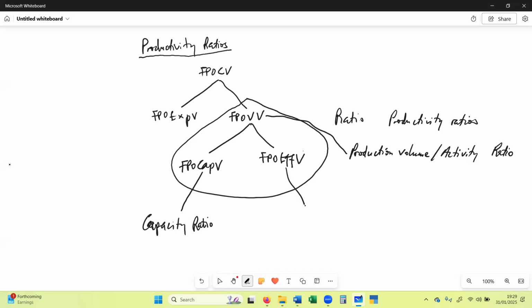And this is known as efficiency ratio. You get it?